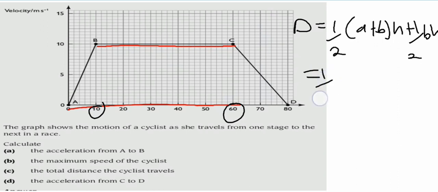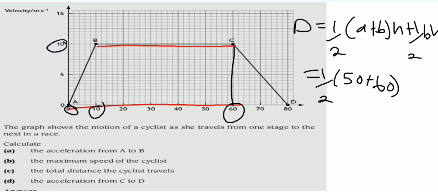So we have half, open bracket, 50 plus the value for B, which is from A up to C, so it is 60. Then the height, from this point up to this point, is this one here, which is 10. So we multiply by 10.